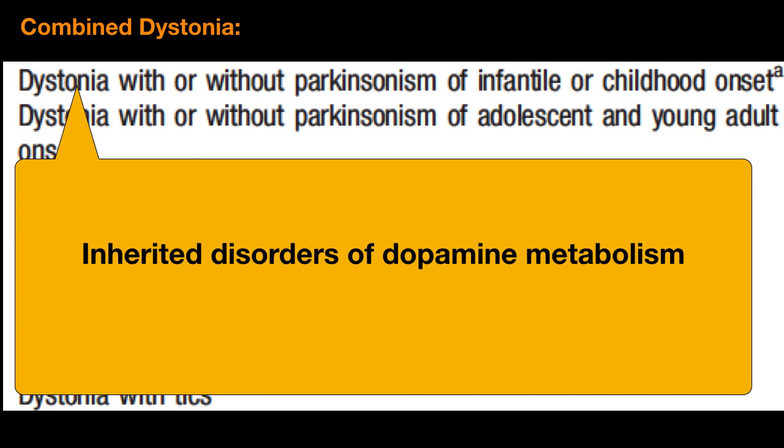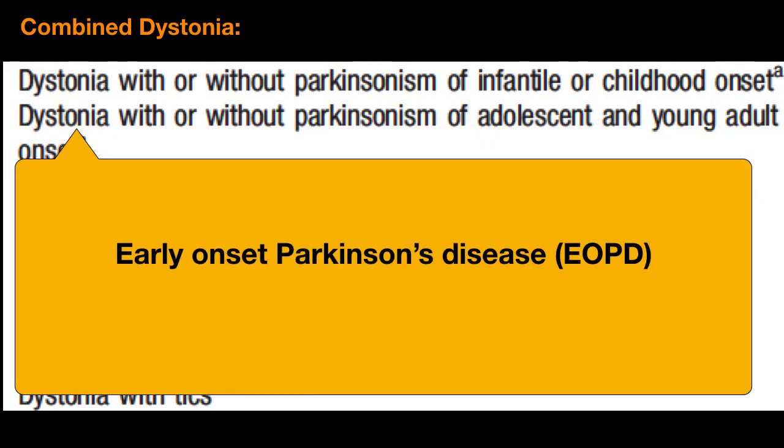The phenotype is usually complicated with a varying combination of dystonia, Parkinsonism, pyramidal signs, intellectual delay, or autonomic, sleep or endocrine disturbance. However, in adolescent and young adult onset dystonia with Parkinsonism, the most likely diagnosis is one of the genetic forms of early onset Parkinson's disease.